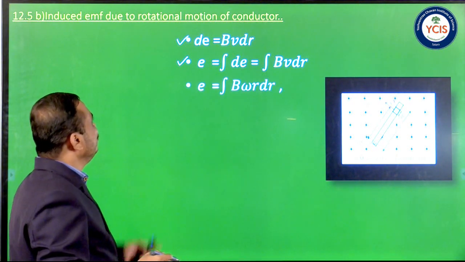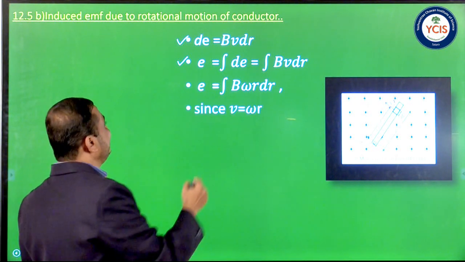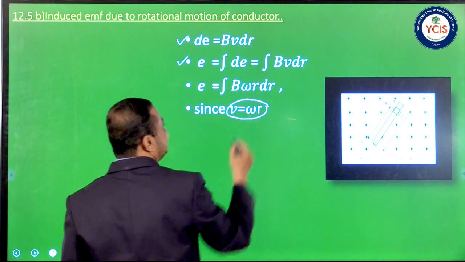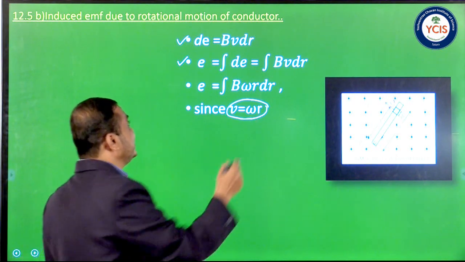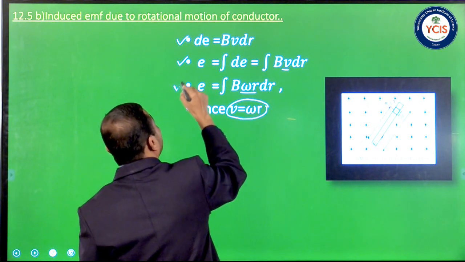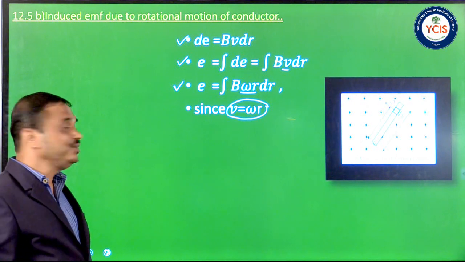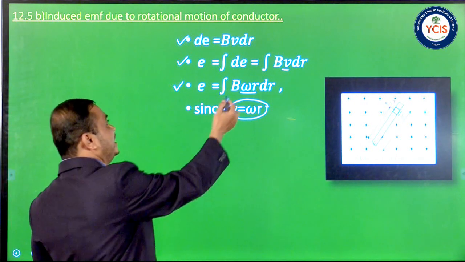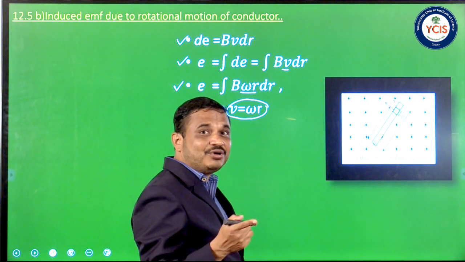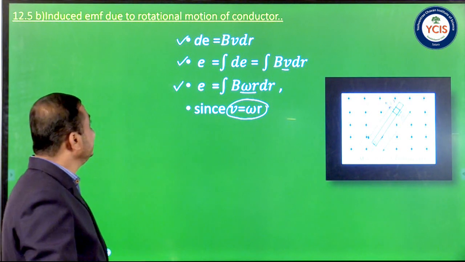But v is a linear velocity, and linear velocity is related to the angular velocity: v is equal to omega r. Now replace v by omega r, then we have E equal to the integral of B omega r dr. B is the induction of the magnetic field, which is uniform, so it is constant though there is a rotational motion of the conductor.